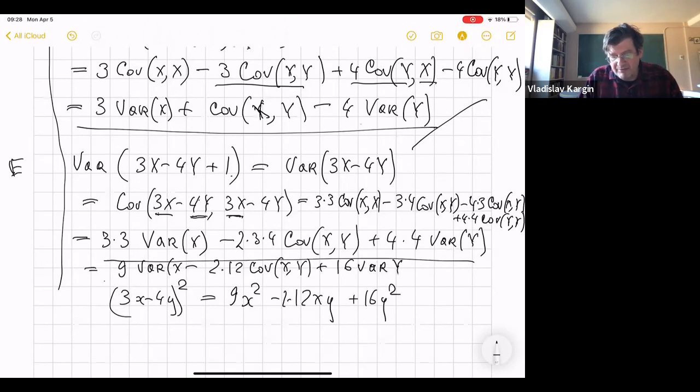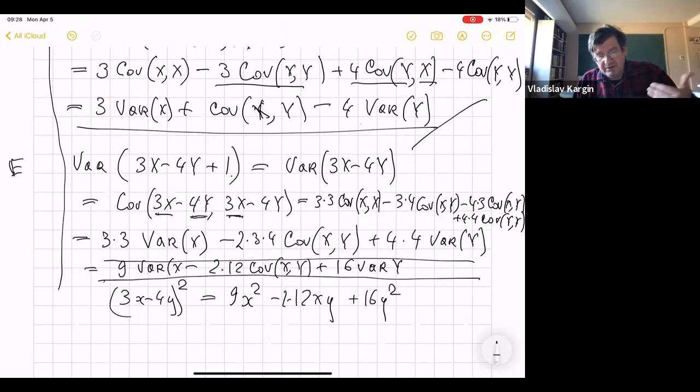You can immediately see this is a very clear analogy of taking the product and calculating the variance, like squaring. The only thing you need to remember is that the covariance of anything with a constant is equal to 0.